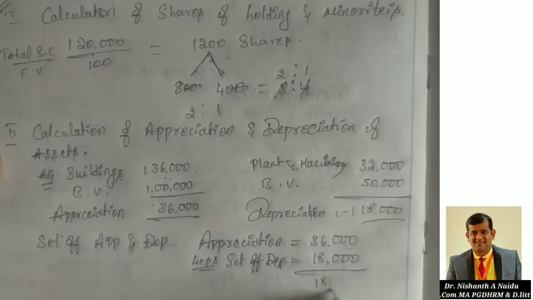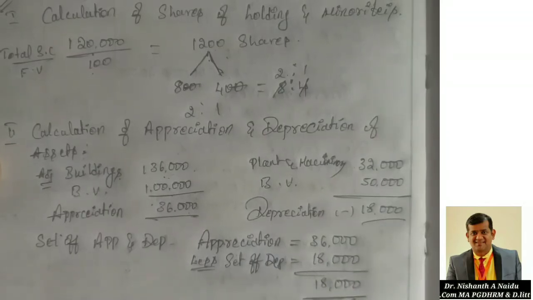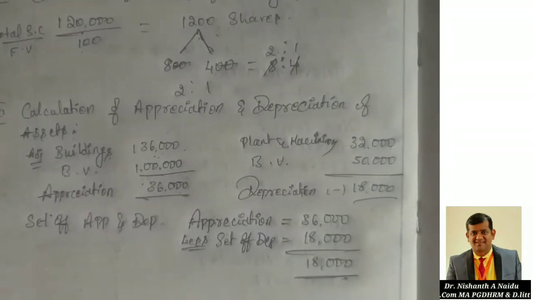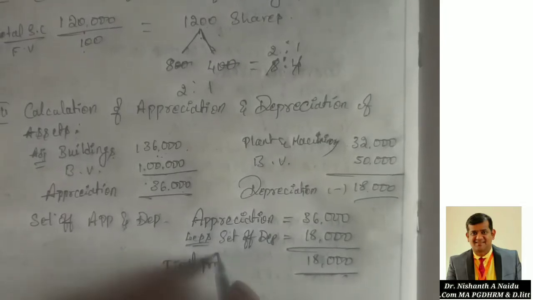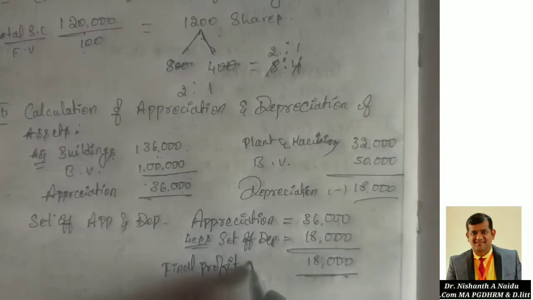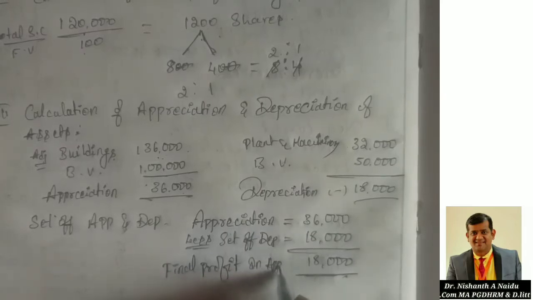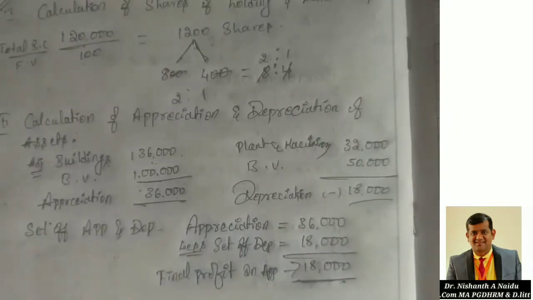So it is adjusted in that year only. The left-out final profit is 18,000. The final profit on appreciation is 18,000. Understood?